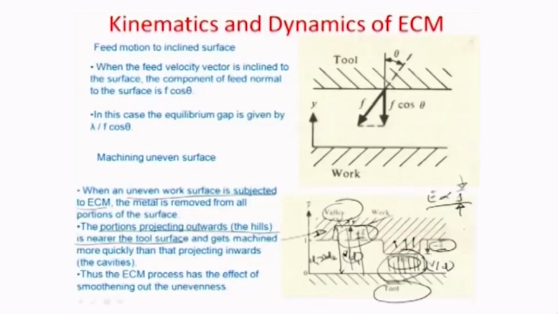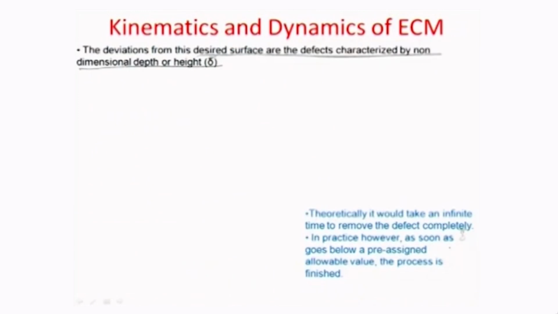So, therefore, the portions projecting outwards get machined more quickly, and the portions projecting inward, like cavities, will not get machined that quickly, and therefore there is a smoothing out of the unevenness. So if delta dash is considered as the desired deviation in terms of defect from a mean value of the surface, we can have an equation of delta dash in terms of T dash.